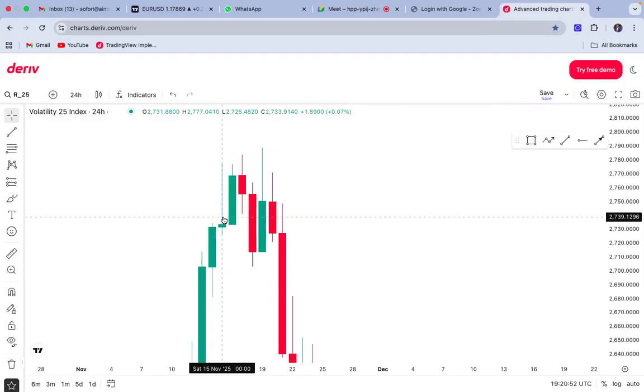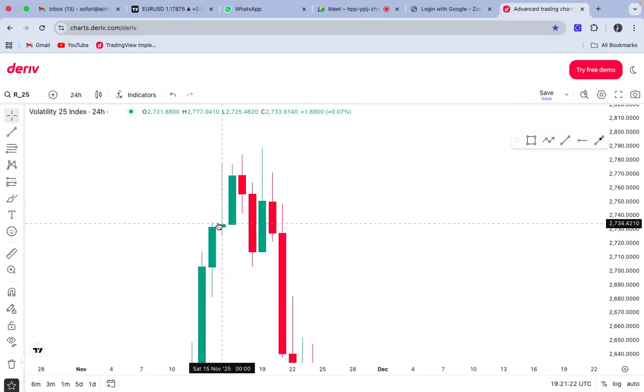What this means is that although the candle closed as a bullish candle, during the session the buyers forced price all the way to the top, but the sellers took over and forced the market to close somewhere very close to the entry. So the sellers were dominant in this case. Although it is a bullish market, the sellers tried to force the market to close around the opening price.